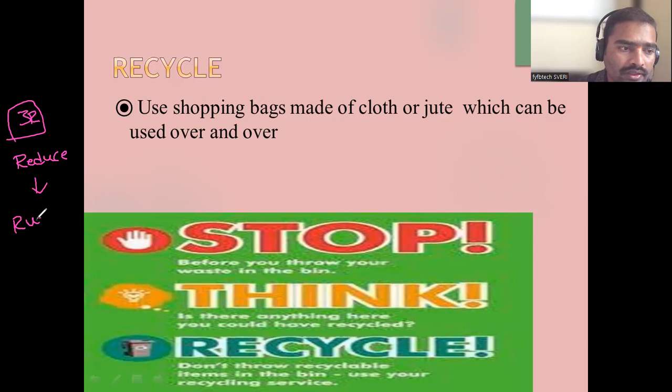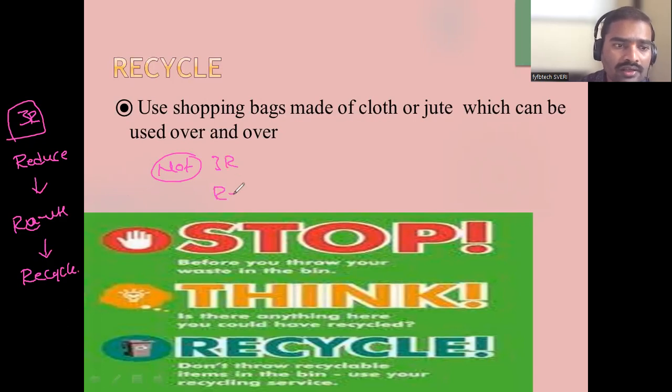Which one is not a 3R? Suppose it says reduce, reuse, recycle, and recover. Recovery is not a separate point, but it will come under reduce and reuse. But you should remember these 3 points.